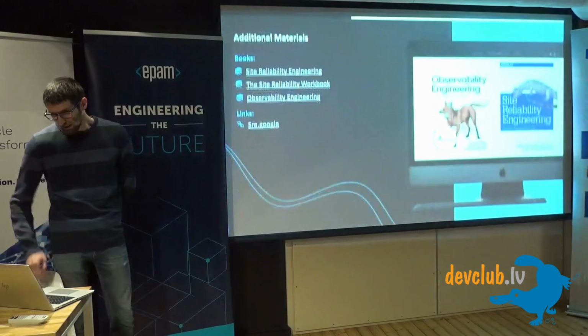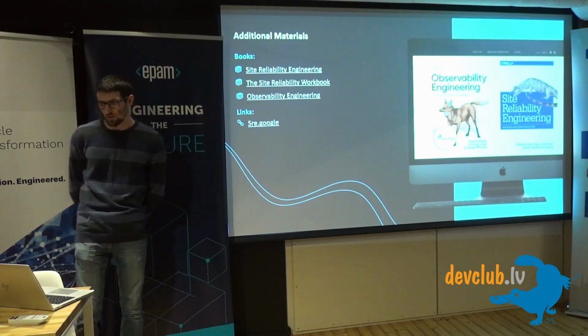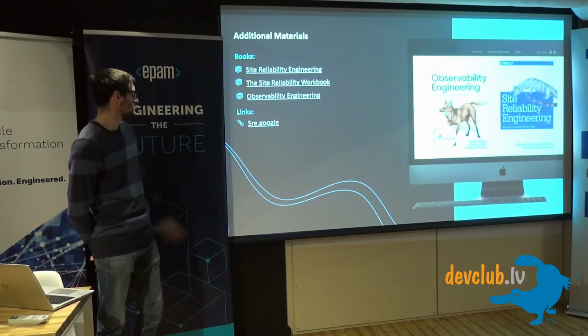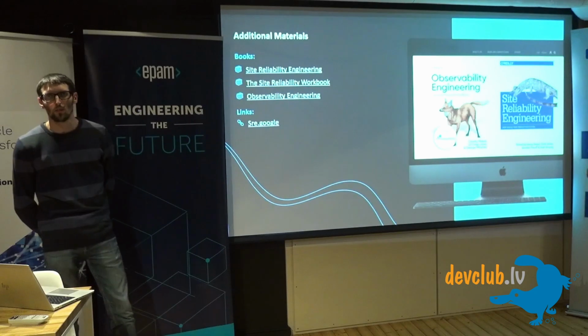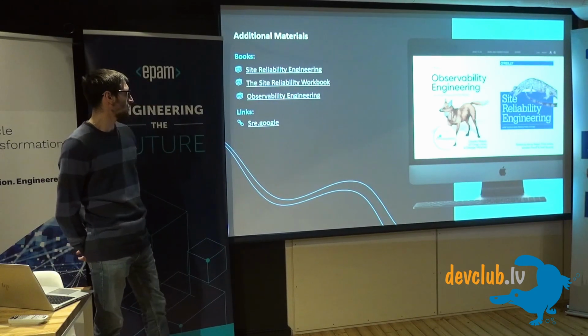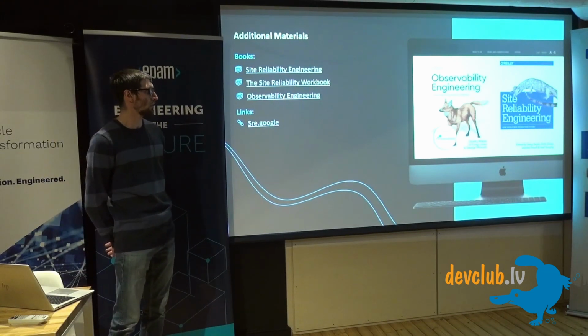And in the end, if you are interested in the site reliability engineering approach, Google has a special resource named sre.google. It's a starting point with many very good and useful links to the books. For now we have 3 different books.